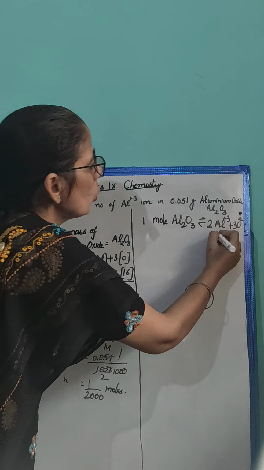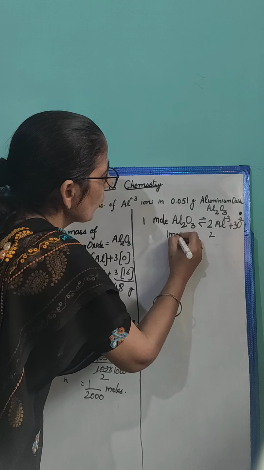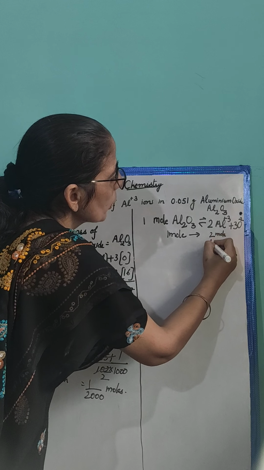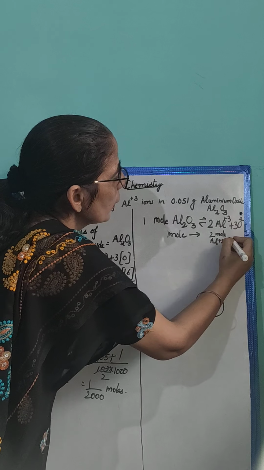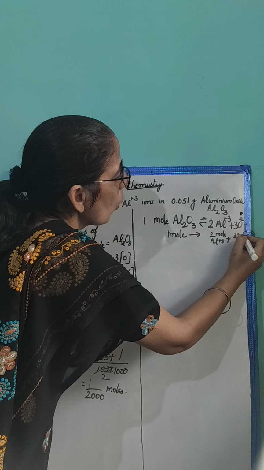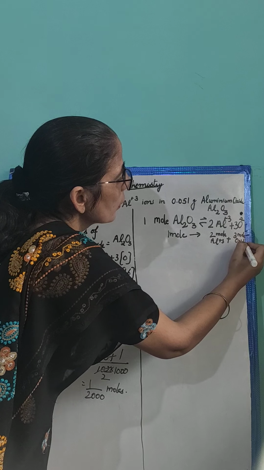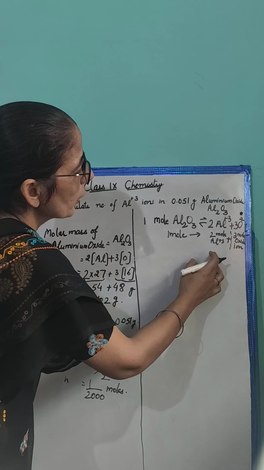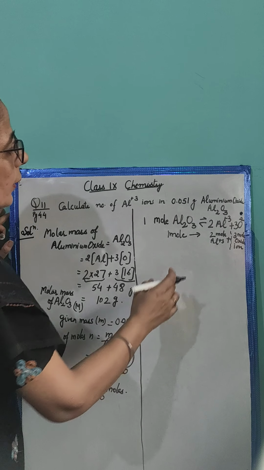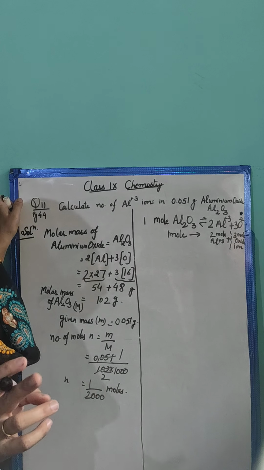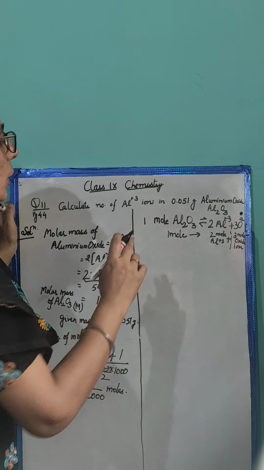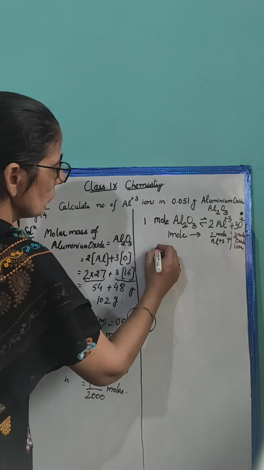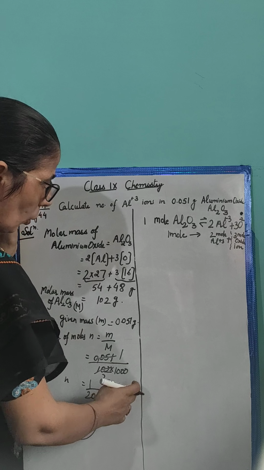So 1 mole of Al2O3 gives 2 moles of aluminium ion and 3 moles of oxide ion. Got it? But they have asked how many are the aluminium ions. So 1 mole gives 2 moles of aluminium ion.